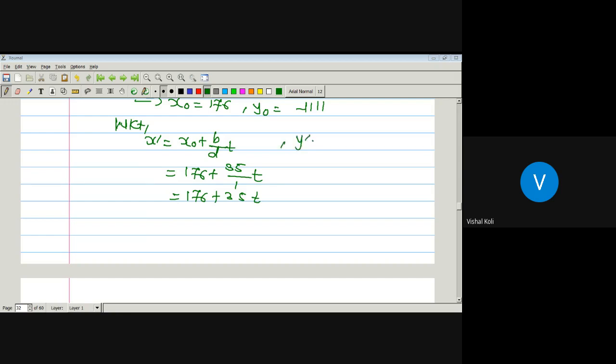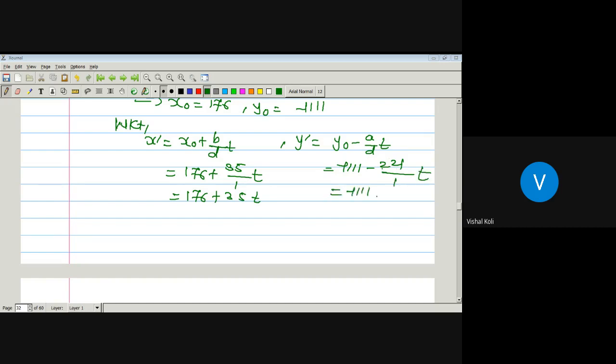Similarly, y dash is equal to y naught minus a upon d into t, y naught is minus 1111 minus 221 divided by d is 1, t as it is.